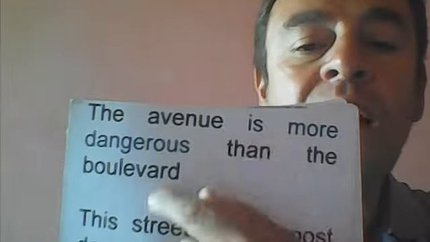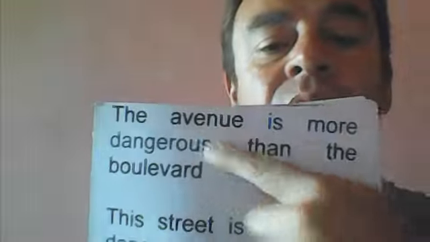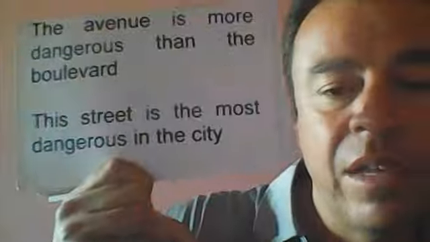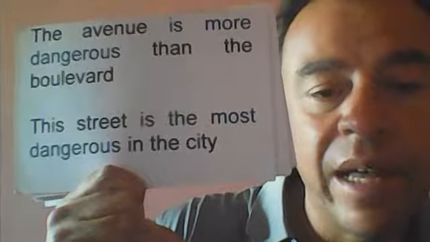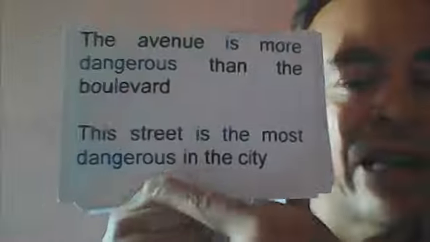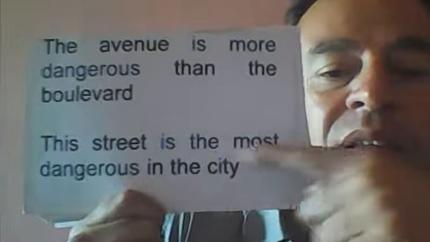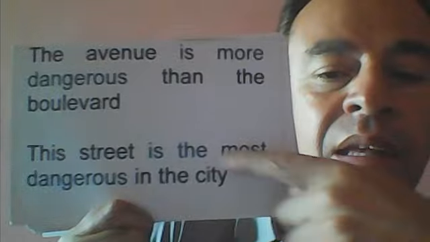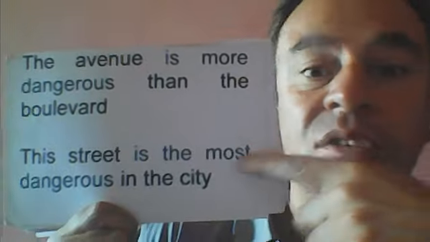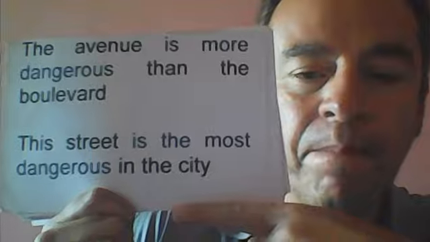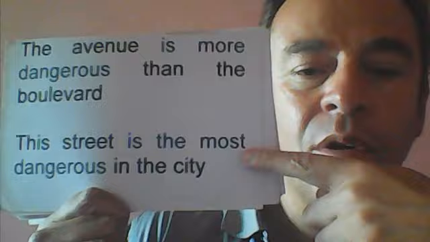We have two nouns. And to make a superlative sentence, you use article the, word most, and adjective. For example, this street is the most dangerous in the city.